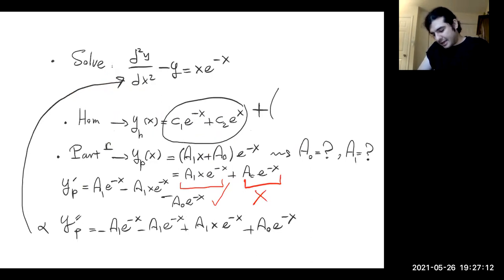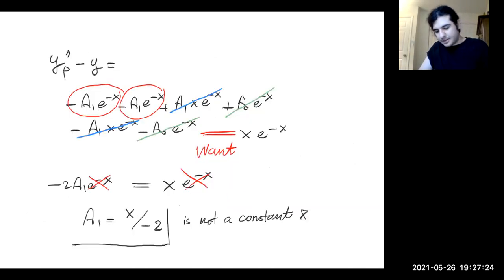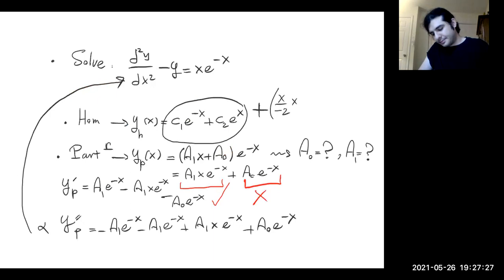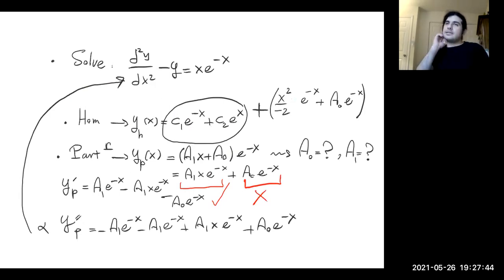And now we're saying A1 is just x over minus 2 times x e to the minus x, right? Plus some a naught e to the minus x. Well, we would have x squared here. And we can say that's the solution. What is wrong with that?